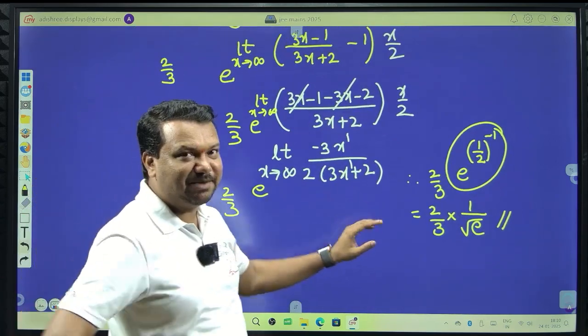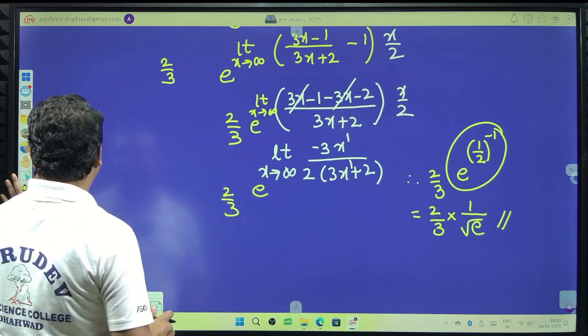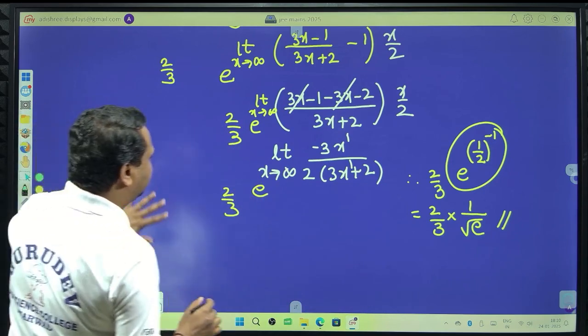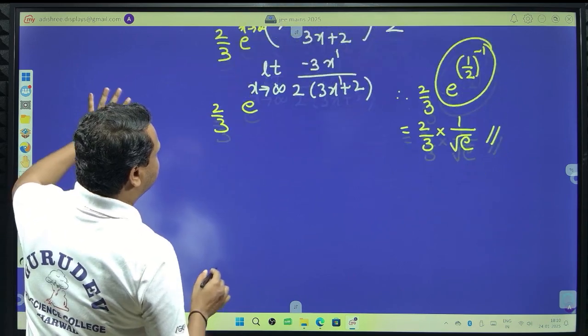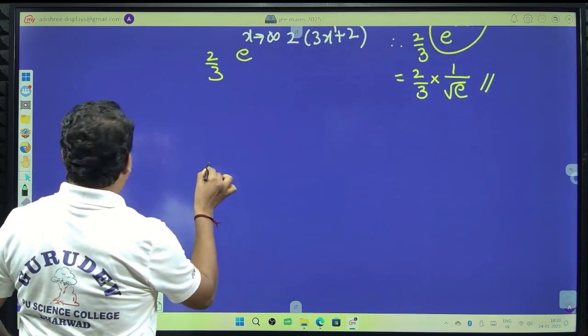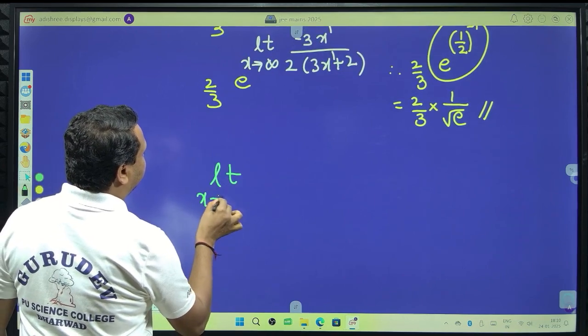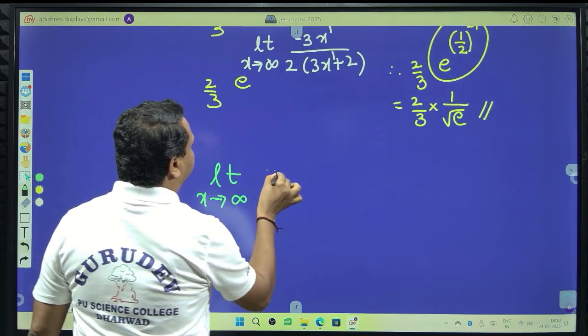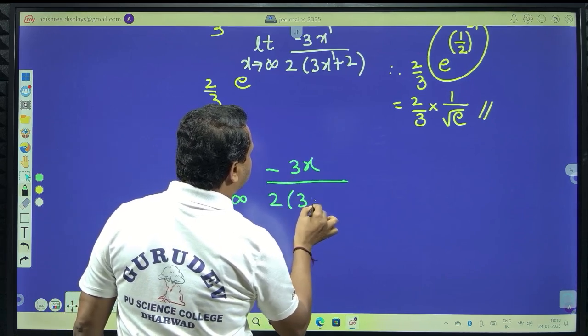For this, again I am clarifying. If there are any confusions, I am sorry for that. Please note this, I'm explaining it once again. Just take that particular step. This you have to remember: limit as x tending to infinity of minus 3x divided by 2 into (3x plus 2).